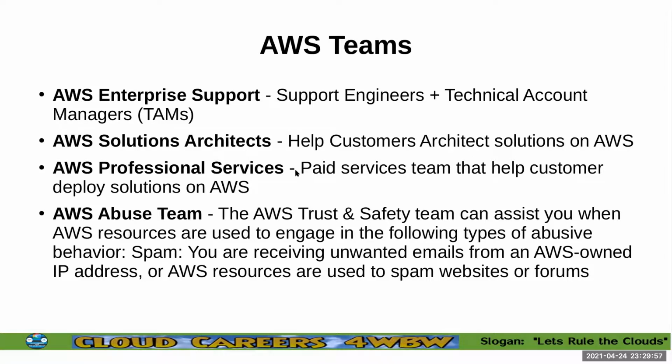You have professional services, paid service teams that help customers deploy solutions on AWS. You have the AWS abuse team, a trust and safety team that assists you when AWS resources are used to engage in abusive behavior such as spam. If you are receiving unwanted emails from an AWS IP address or AWS resources, you should contact the abuse team.